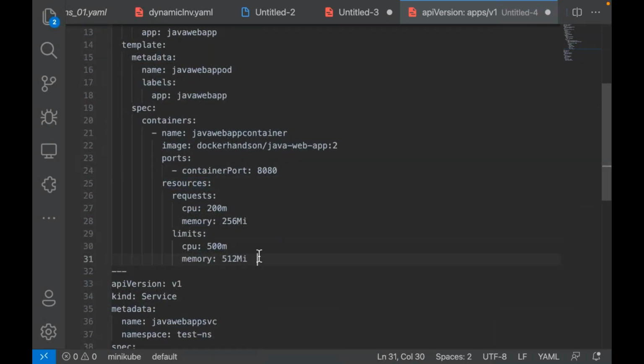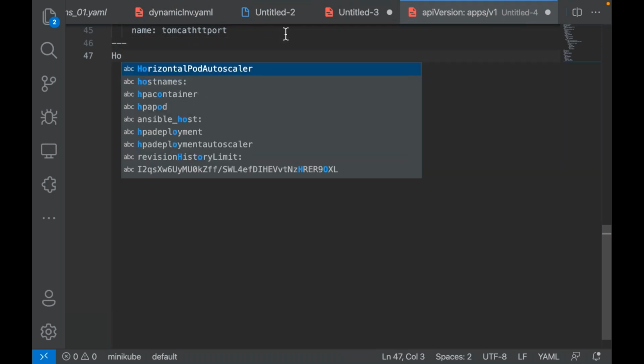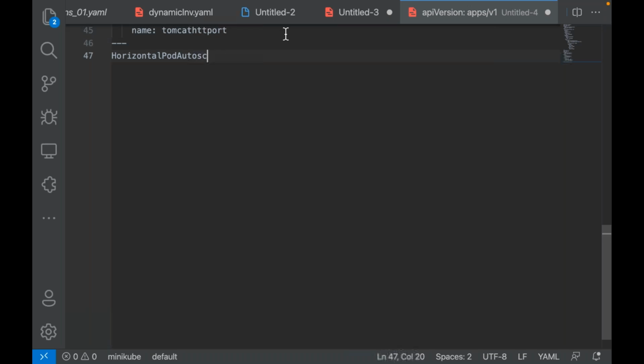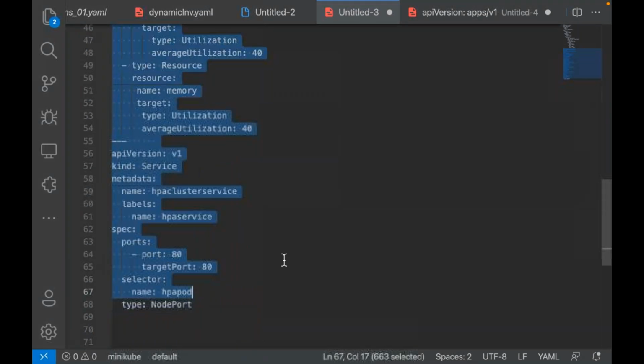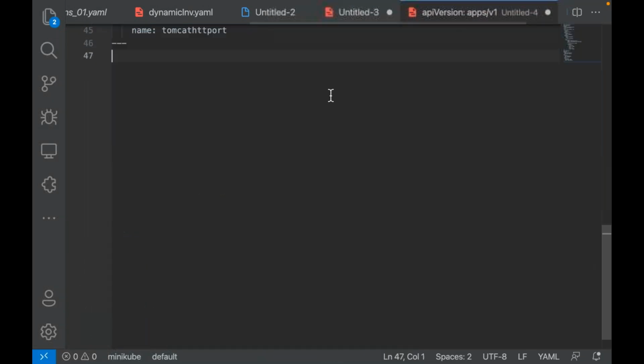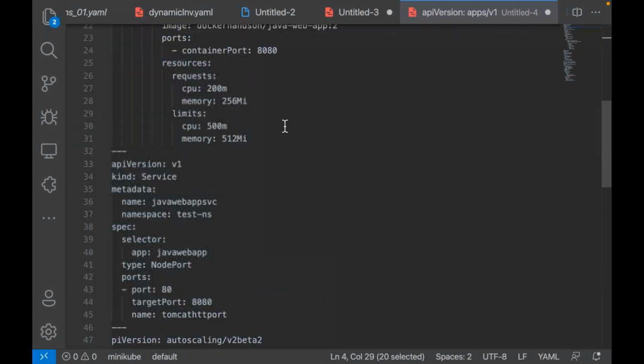Now, can I have an HPA, a horizontal pod autoscaler, for this application also? Can I create that? Like the one for the other application, can I target this deployment?